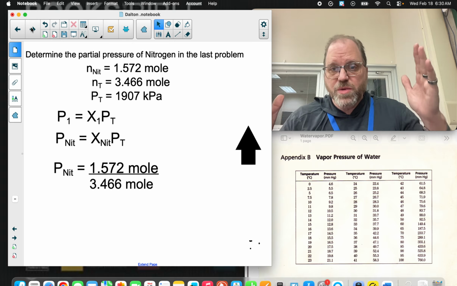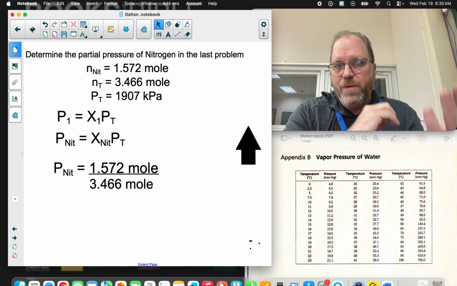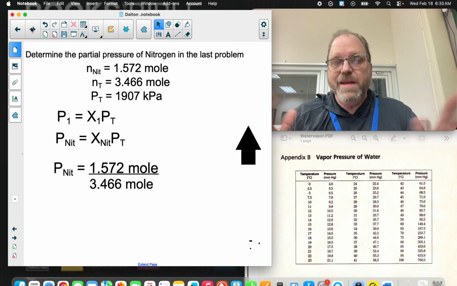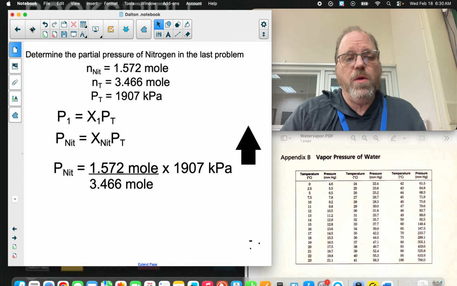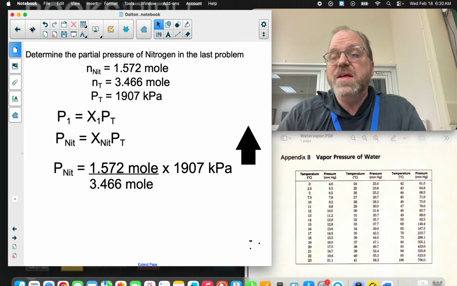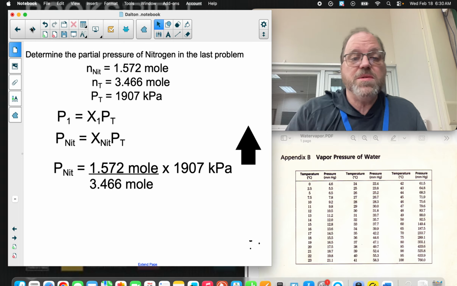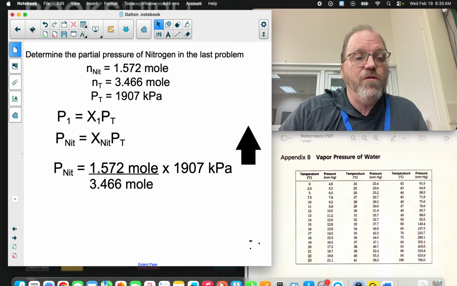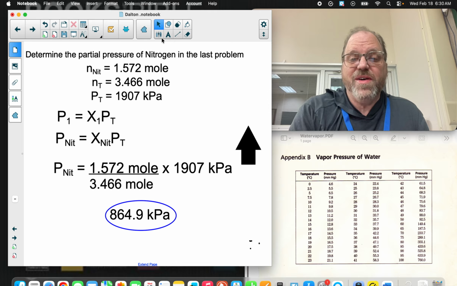Now I can multiply this through, and technically if we do sig figs, then we'd have to round, so let's just keep it to the end so that we limit our mistakes and errors. And then our P total there. So we take 1.572 divided by 3.466 times 1907. 4 sig figs, 4 sig figs, 4 sig figs. The answer is 864.9 kilopascals, and that's our answer.